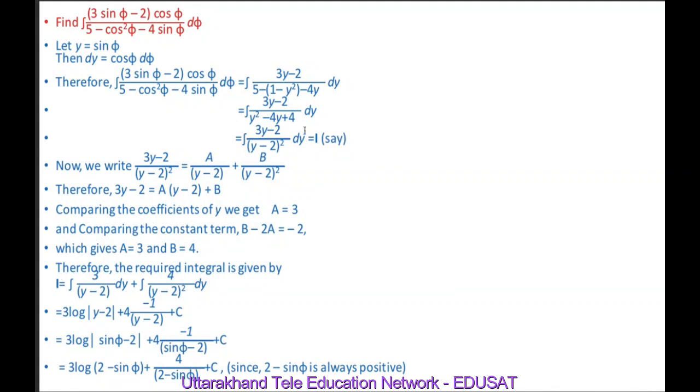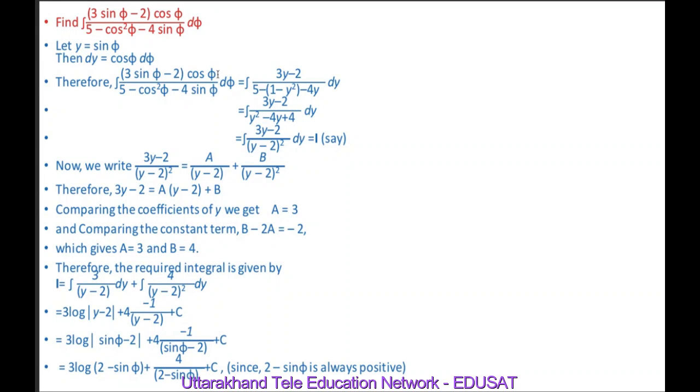If we factorize it, it is (3y minus 2) over (y minus 2) whole square dy. So our given integration reduces to this.